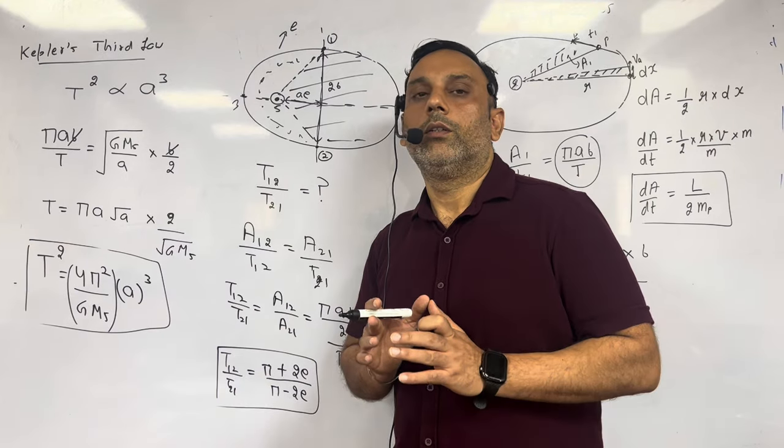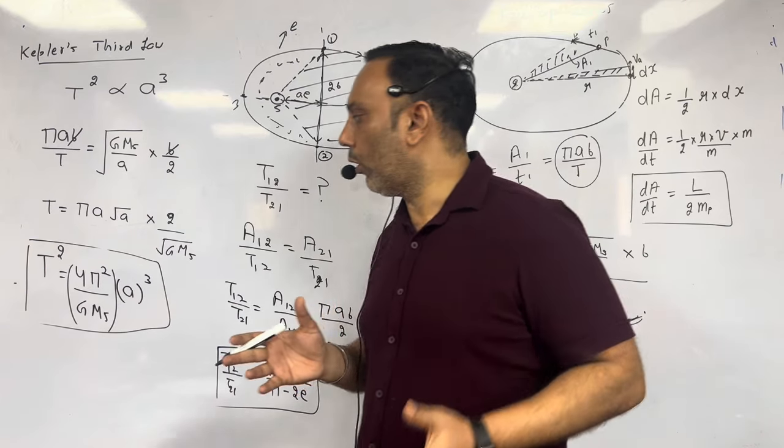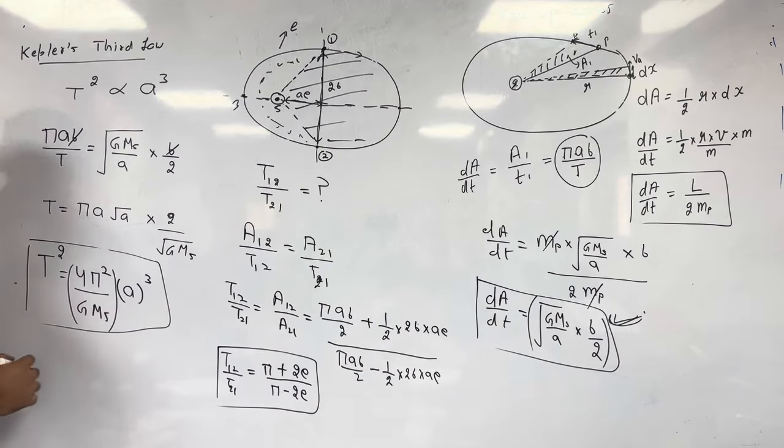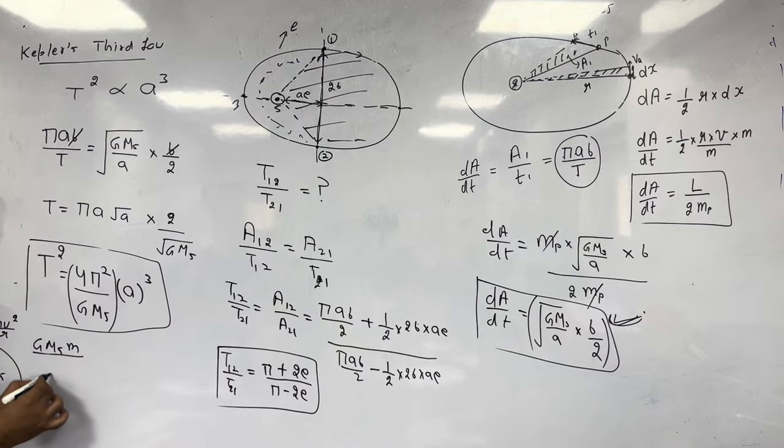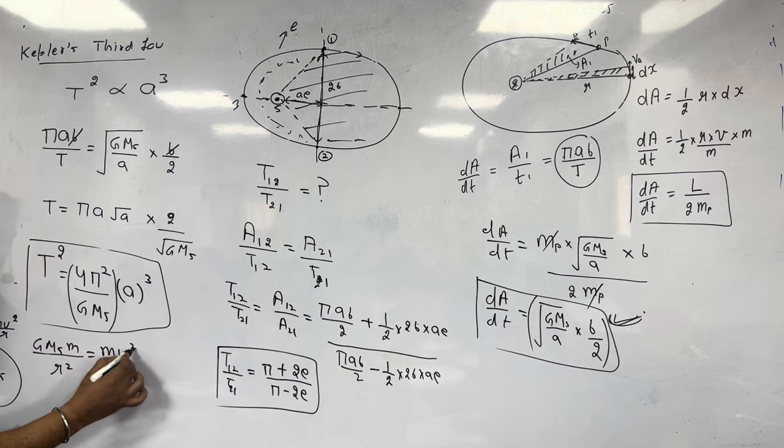So if the orbit is circular, then it is even easier to find this relation. For a circular orbit, what we know, beta, is that the centrifugal force mv square by r should be balanced by the gravitational force. So with the mass of the Sun, and the mass m of the planet or satellite, G M into m divided by r square is equal to mv square by r.